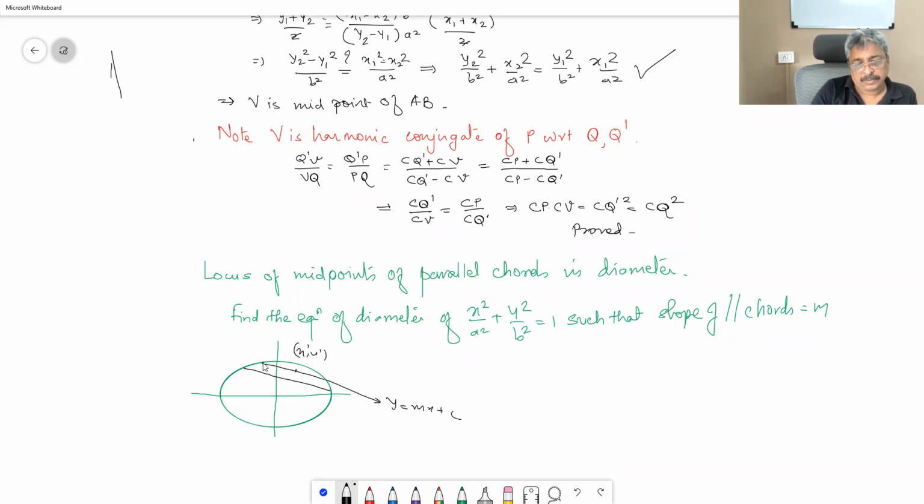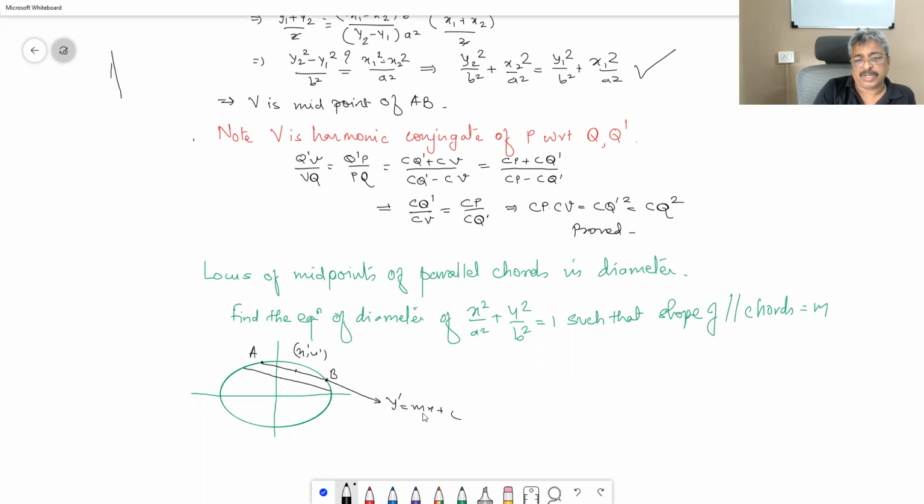Then the sum of the x coordinates of these 2 points where the line intersects the ellipse, the midpoint of AB should be x dash, x coordinate as well as y coordinate. So you will get a relationship, and x dash y dash belongs to this line.